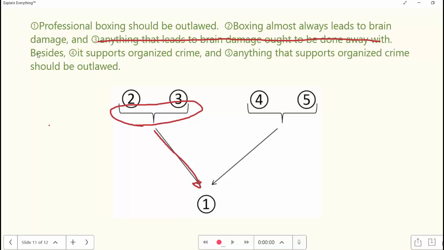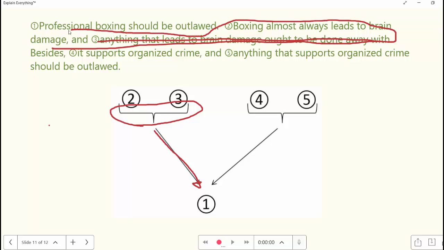But this portion of the argument would be enough to get us to 1, even if 4 and 5 never occurred in the argument. And that's why these get separated out.